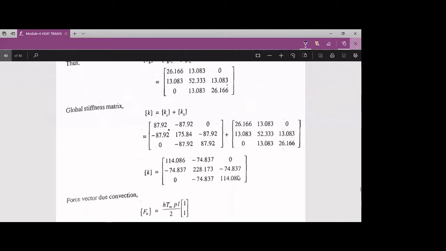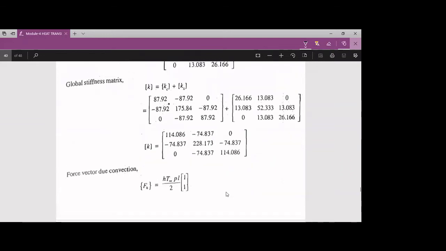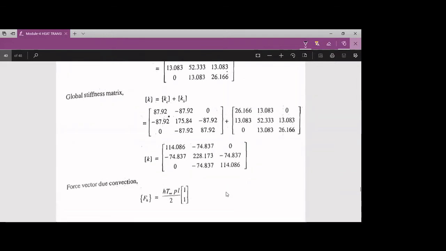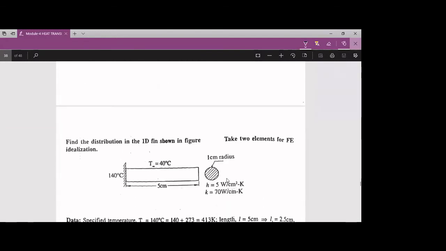Now, after obtaining this, we need to find the force vectors. Here, for force vectors, we only consider convection, so there will be no force vector for conduction. Keep it in mind. The force vectors exist only due to heat generation, heat flux, convection, and free end convection.